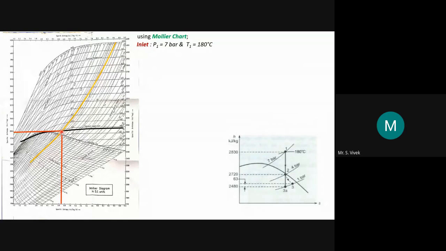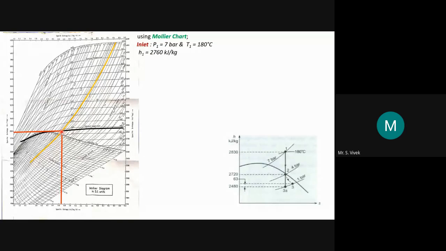Can anyone tell me the enthalpy value and entropy value at state 1? Sir, enthalpy is 2780, sir. 2780. Okay, somebody else is getting 2830. Yes, exactly. This is the problem which I faced.